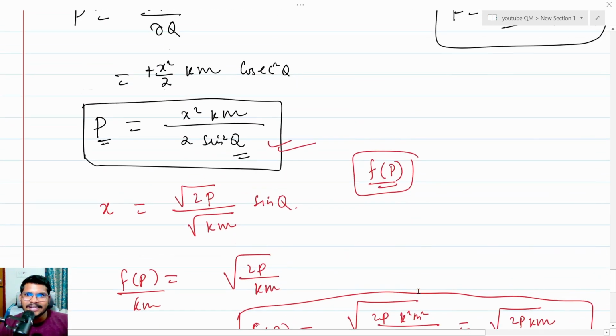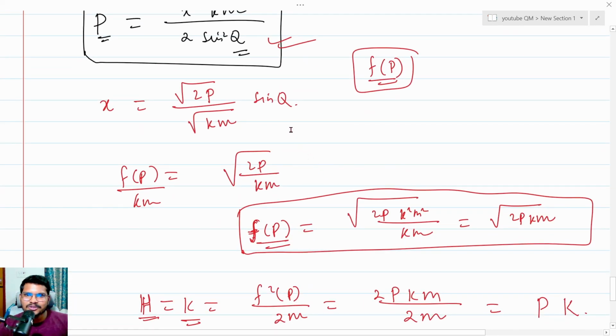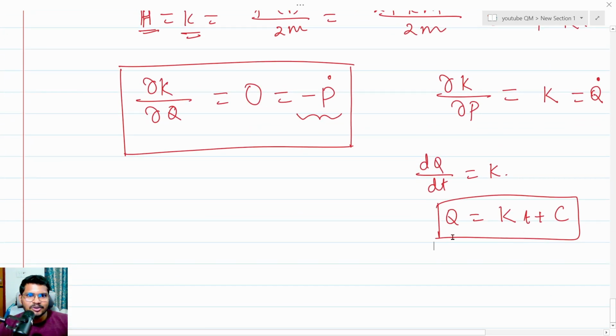Therefore, I can easily write the solution of Q: Q becomes kt plus c. And you already know what k is. K is m into omega. So k is equal to m into omega, or m square x square half k square m square omega square. Yeah, so Q becomes this one.